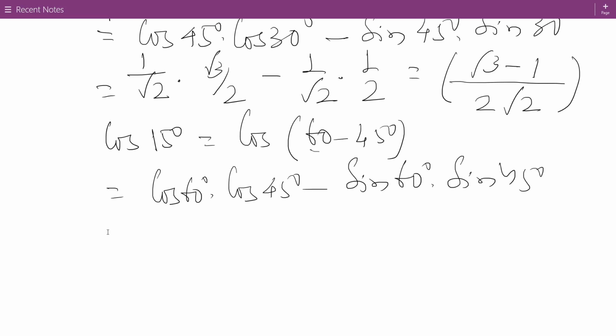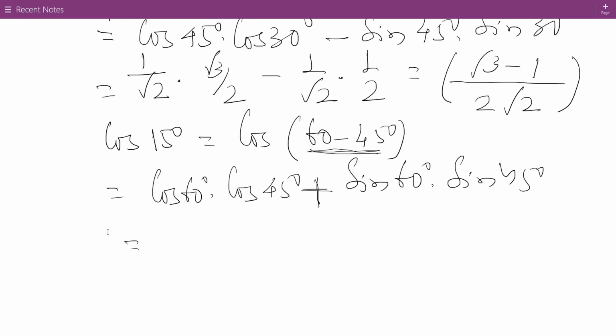No. Cos A minus B is cos A cos B plus sin A sin B. It's important. For the cos function, if this is minus, in that case this is plus: cos A cos B plus sin A sin B. What is the value of cos 60?